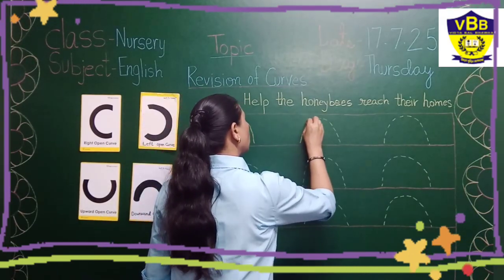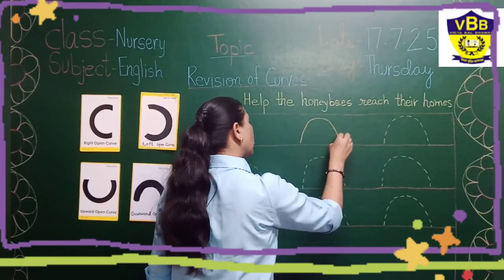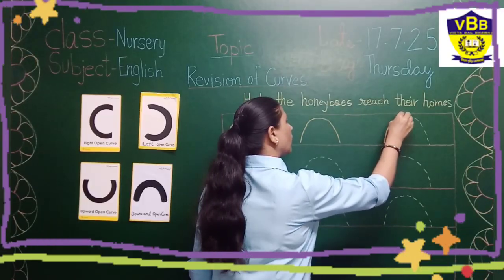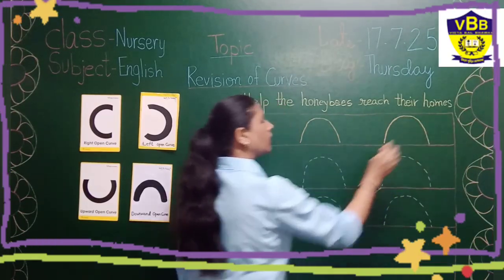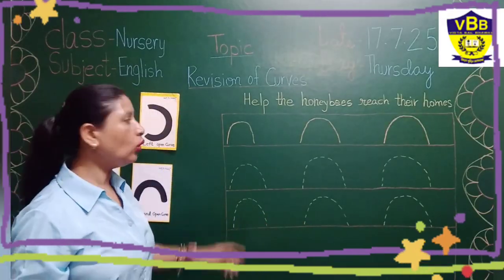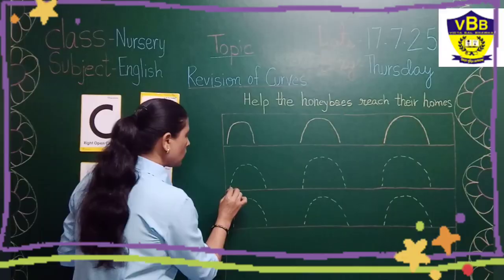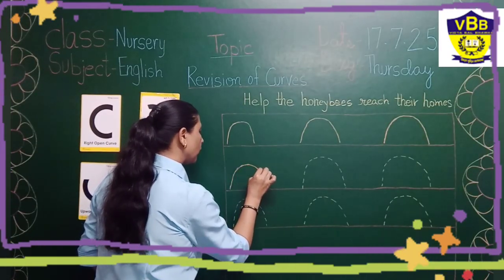We are going to do the tracing of downward open curve. So this is how you all have to do. This is downward open curve. So let's repeat: downward open curve.